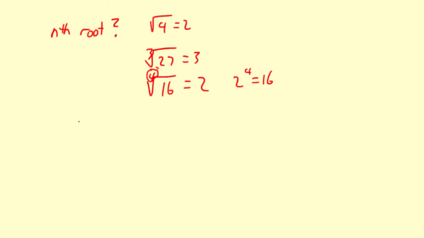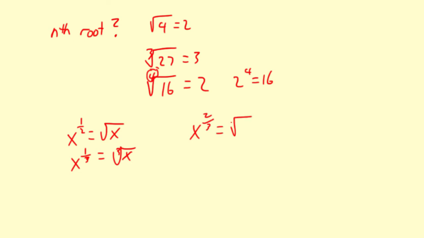Then there's rational exponents. Rational exponents allow for different combinations of powers and roots. Simple example, x to the 1/2 is a square root. x to the 1/3 is a cube root. What about x to the 2/3?